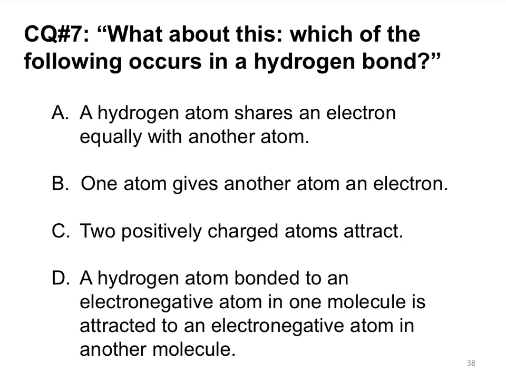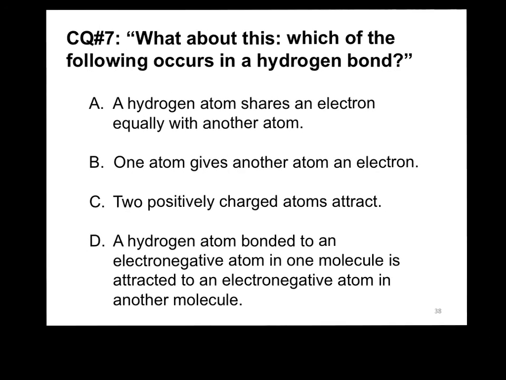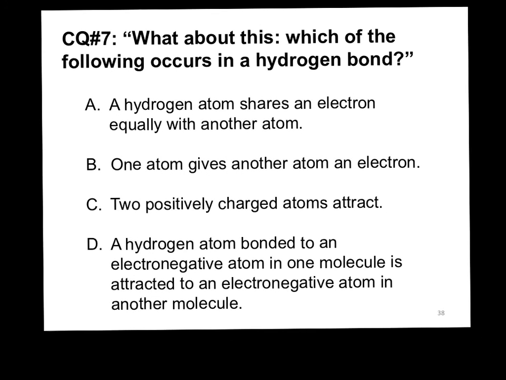Let's go on to the next one. Which of the following occurs in a hydrogen bond? You should be able to answer this. Let's try it. A hydrogen atom shares an electron equally with another atom. Well, wow, there are so many things wrong with that.